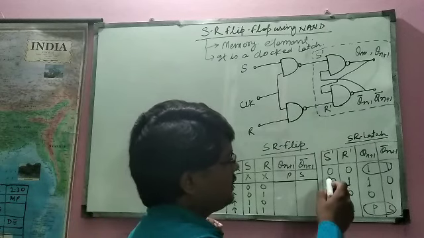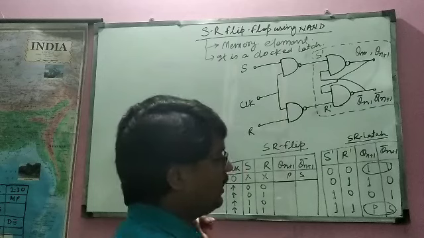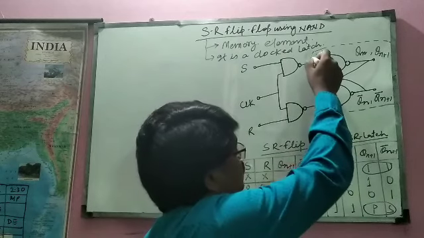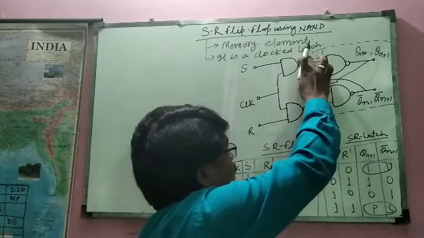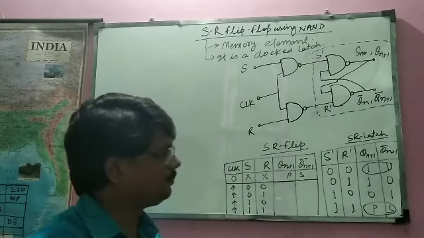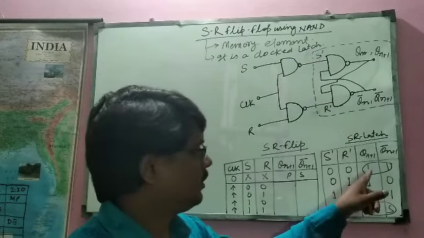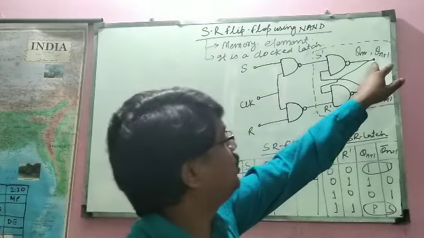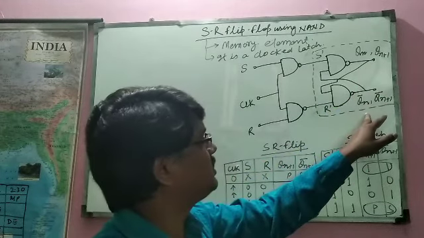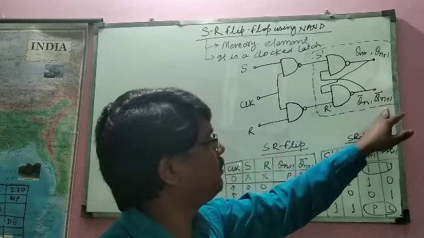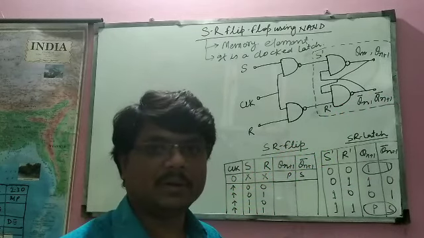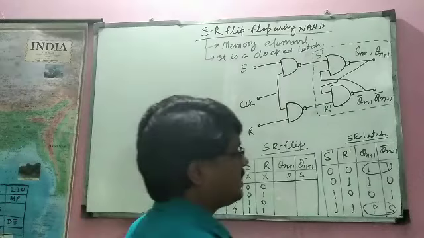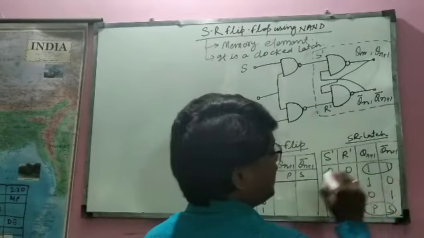When S dash and R dash were 0 0, then Qn plus 1 and Qn plus 1 bar were 1 and 1. This condition is known as the invalid condition.